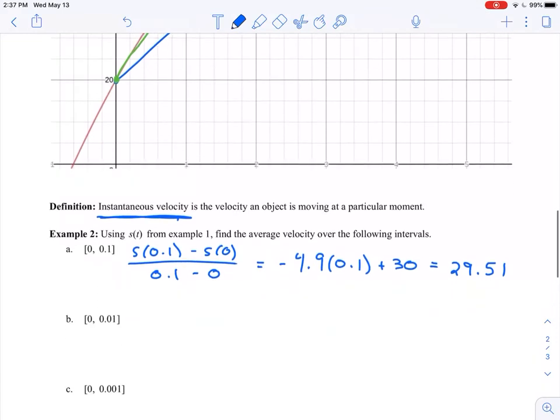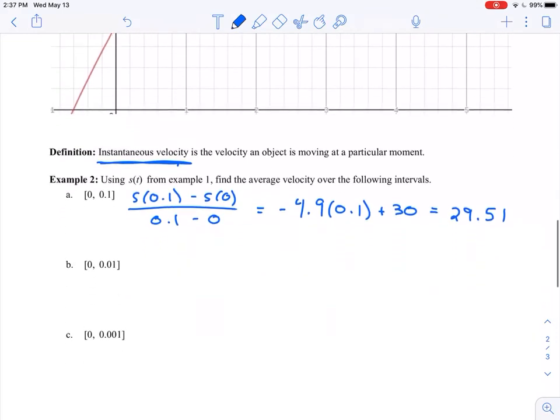Okay, that's cool. But maybe I want to get a little bit closer. I want to get as close as I can here. So maybe I say 0.01. So here, s of 0.01 minus s of 0 all over 0.01 minus 0. Remember, I'm really working with 0, comma h, so in this case, h is really 0.01.